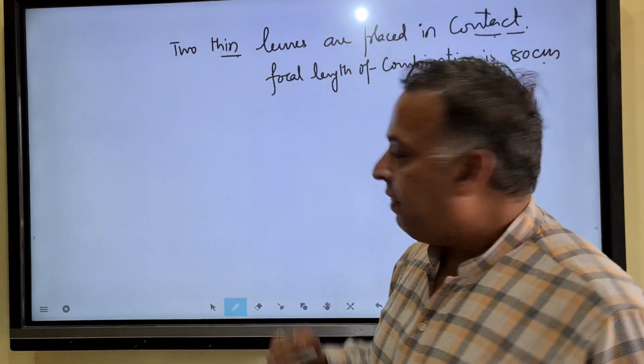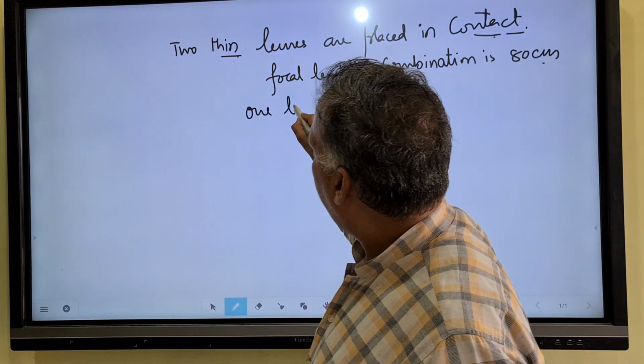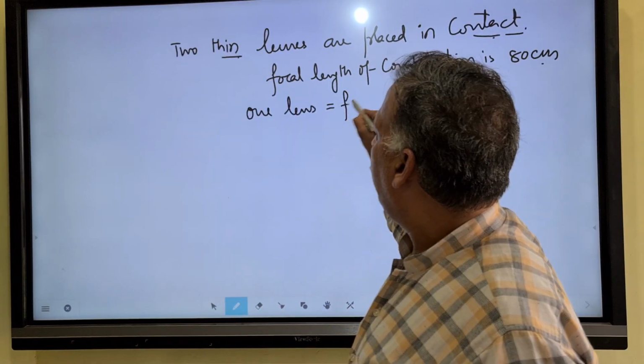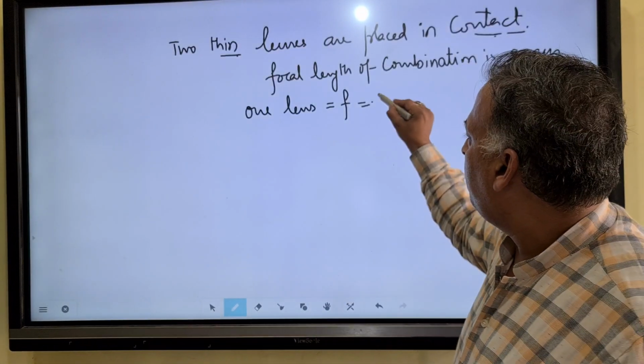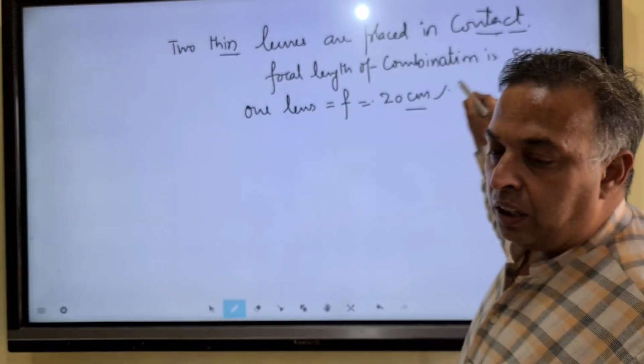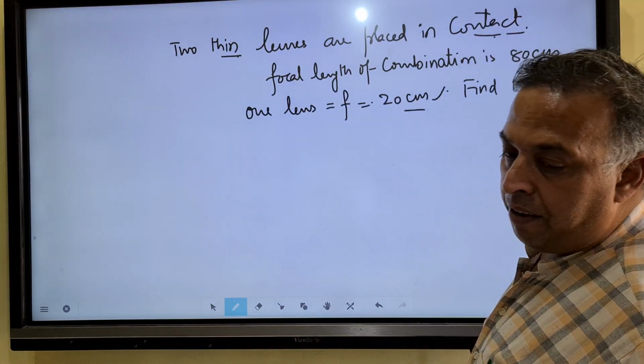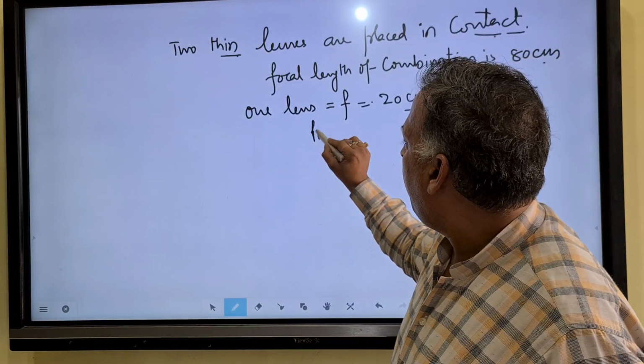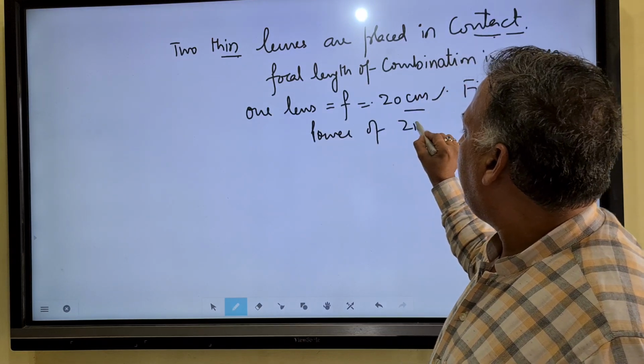One lens has a focal length of 20 centimeter. Find the power of the second lens.